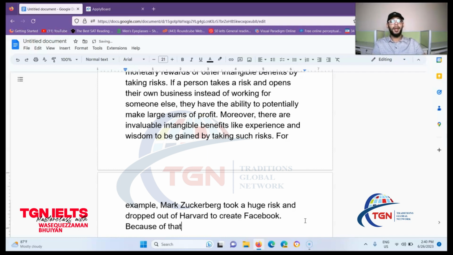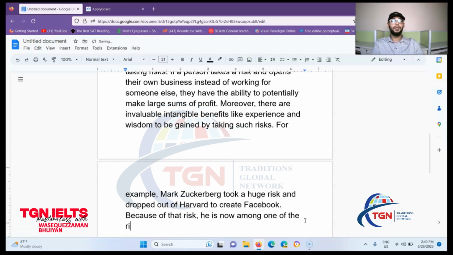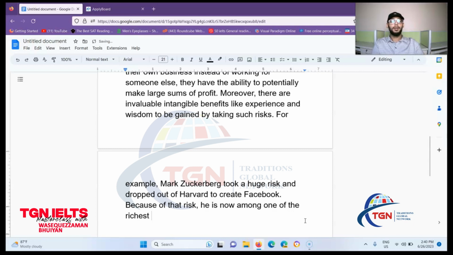Because of that risk, he is now among one of the richest tech billionaires on the planet. Done. First paragraph complete, simple, and effective.